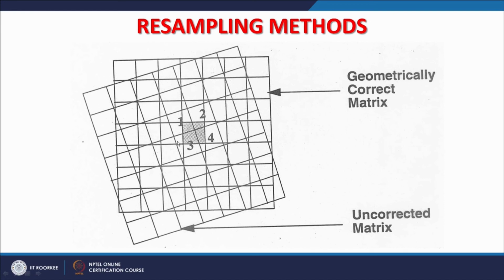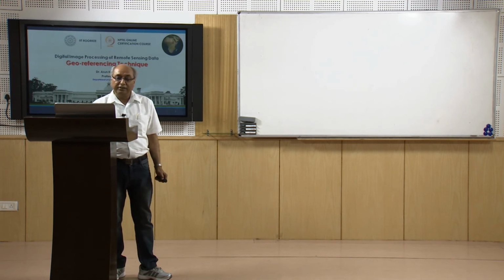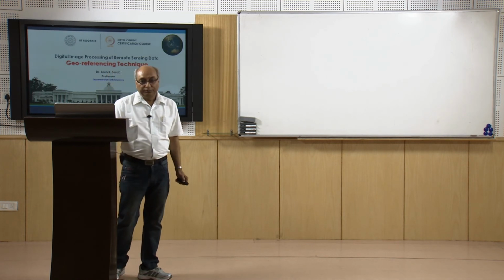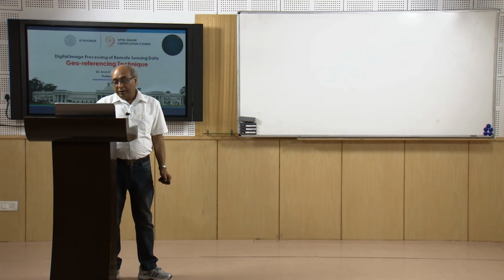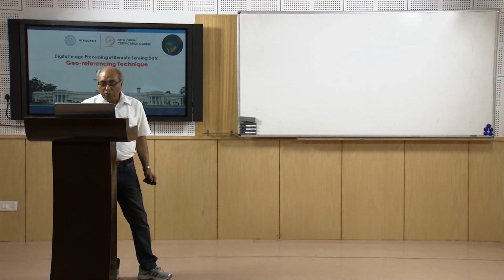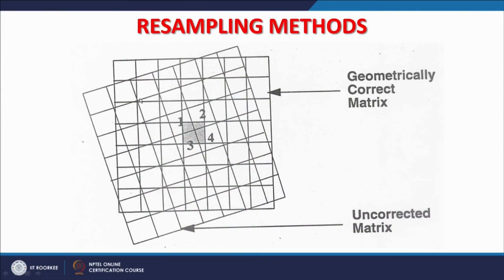Depending on their overlap, they carry the corresponding weightage, and a new pixel value is decided based on the weighted average. This technique is called bilinear. Four pixels are involved. But if we go for a smoother image, then instead of 4 pixels we can go for 4 by 4, that means 16 pixels, and it can now involve distance to the target pixel.